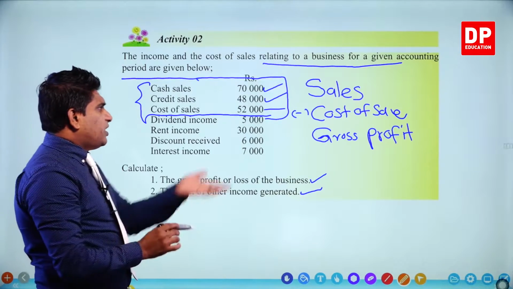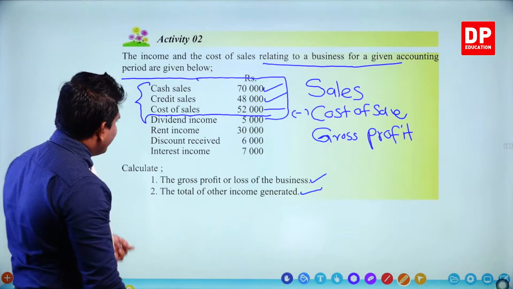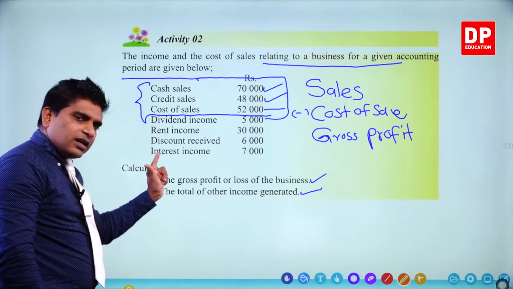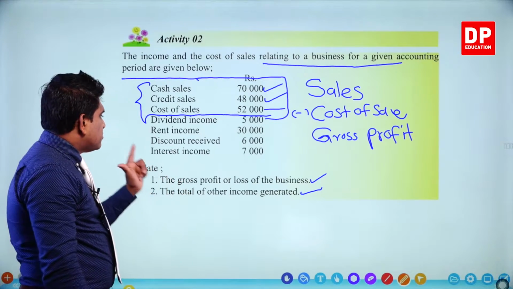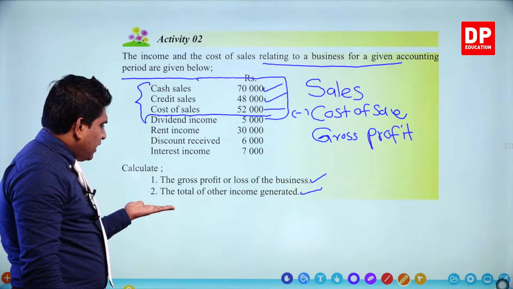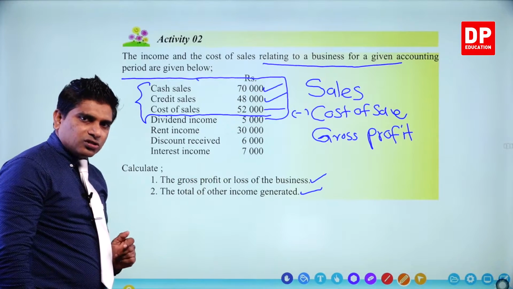From this detail, we can find gross profit or gross loss. All other income: dividends income, rent income, discount received, interest income, are other income. Separately, they are the total other income, and the gross profit or gross loss of the business.